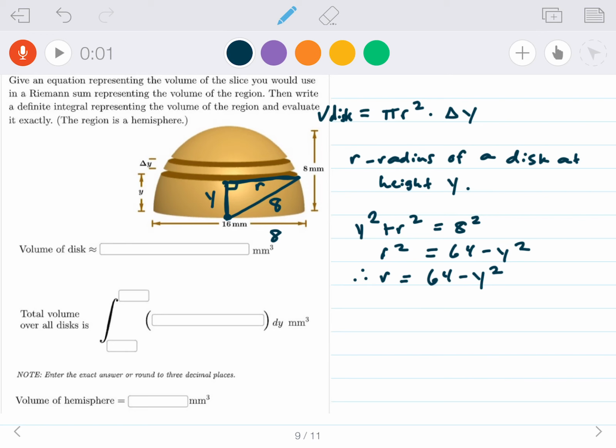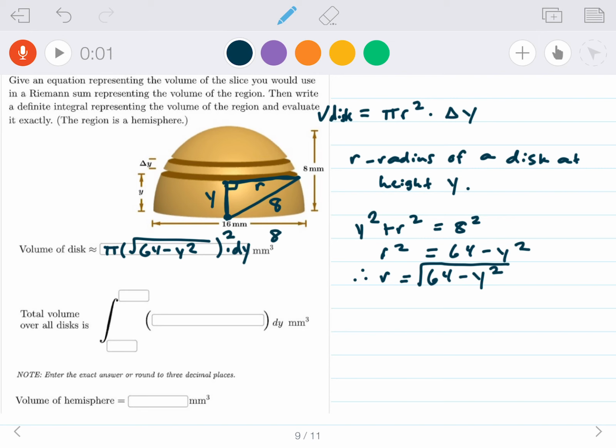Therefore, the volume of the disk is pi times r squared times dy, and r in terms of y is the square root of 64 minus y squared. So that's the volume of each disk.